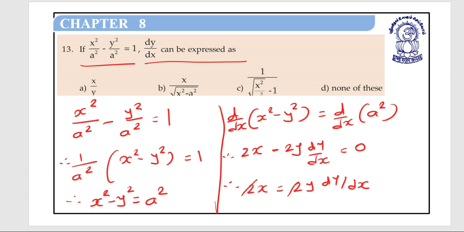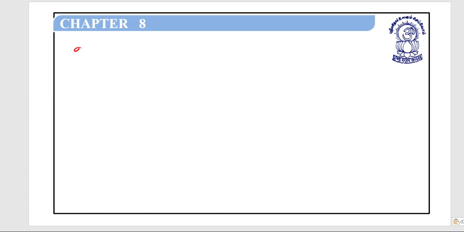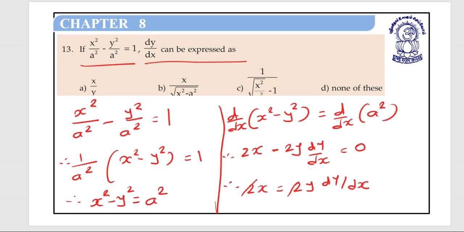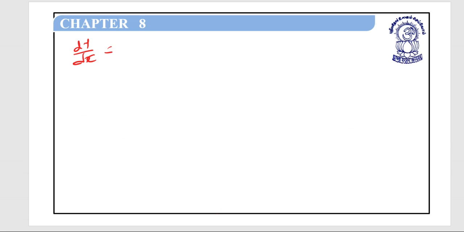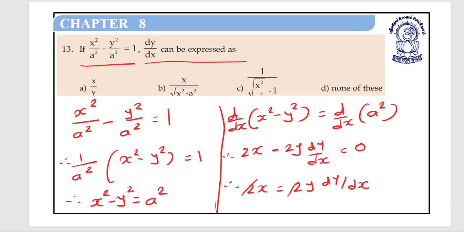So dy by dx is equal to x upon y. So option A is the right answer, x upon y.